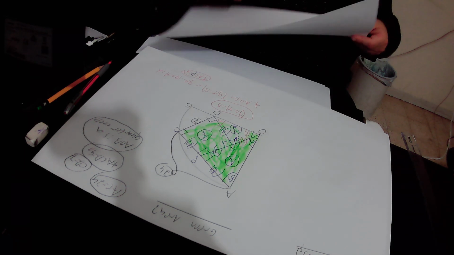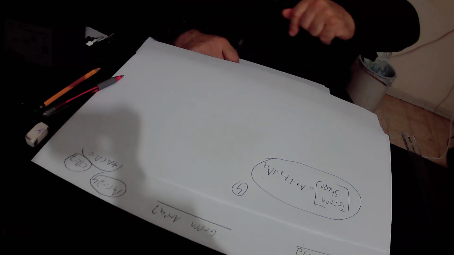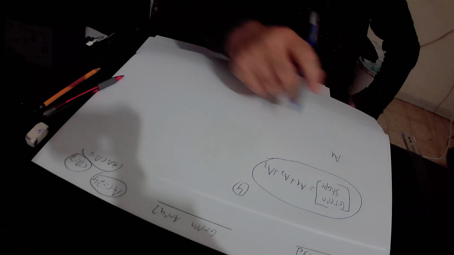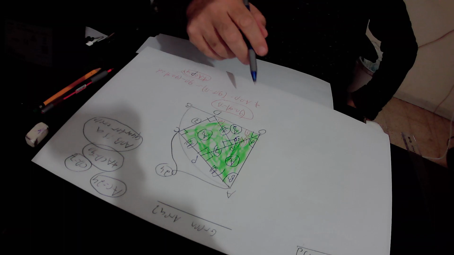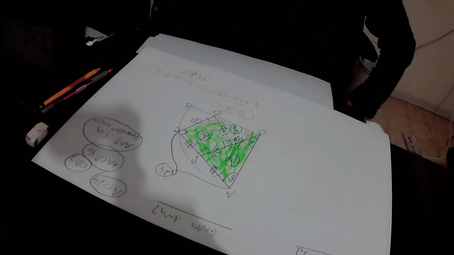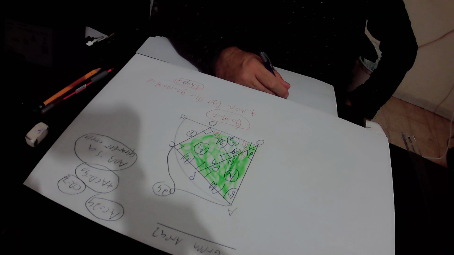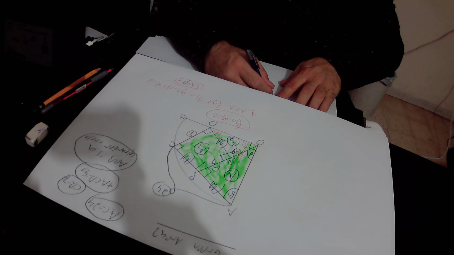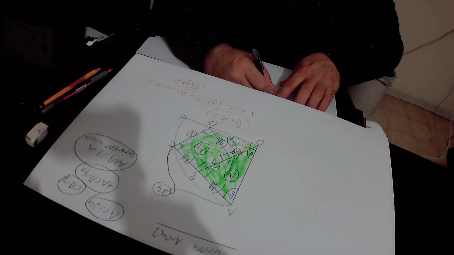And again, we have to find the area of the green shape that is equal to A1 plus A2 plus A3. So what is the area of A1? The area of A1 is the area of the right triangle APO. So we copy the right triangle APO on the page, and we find the area of the right triangle APO.